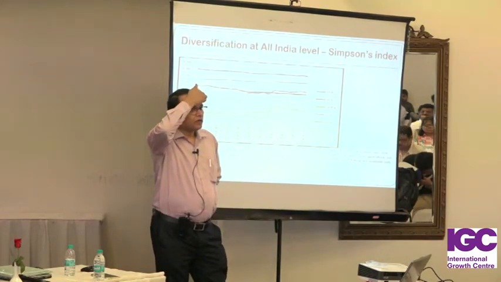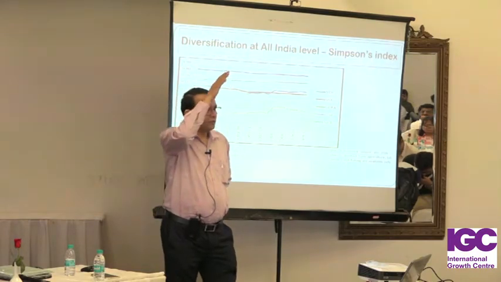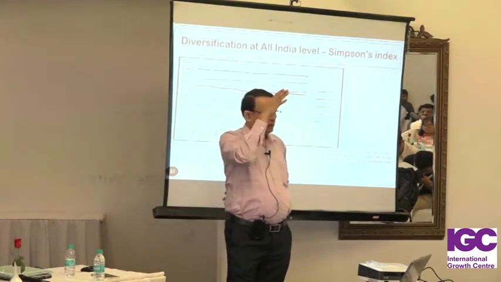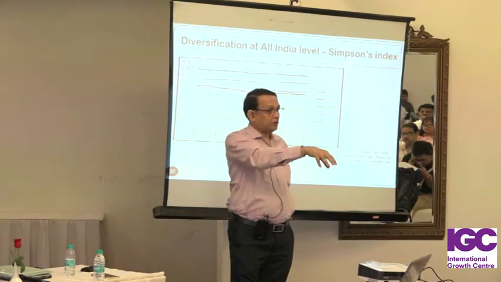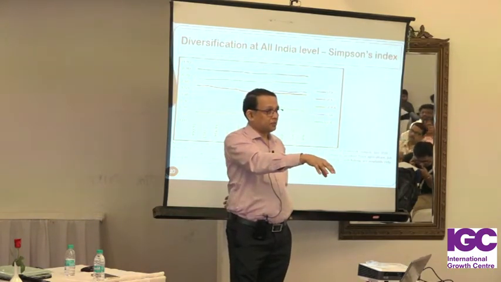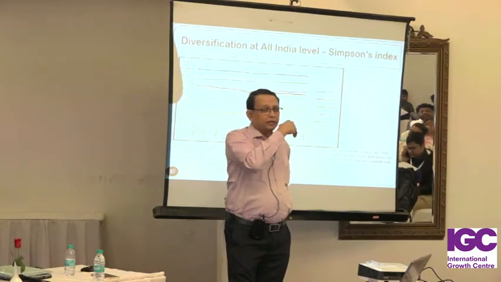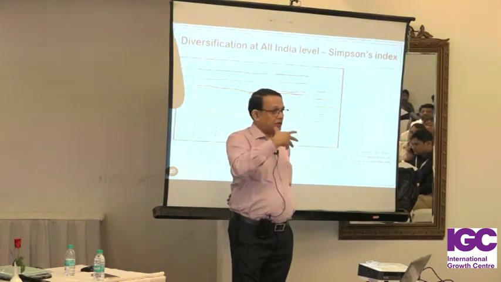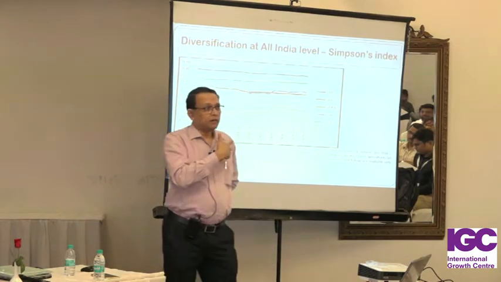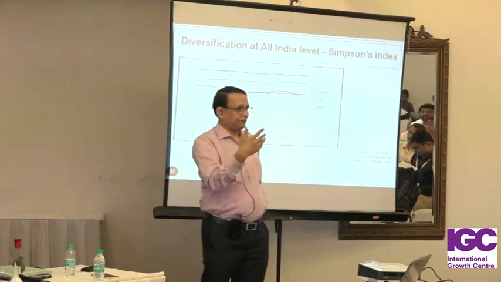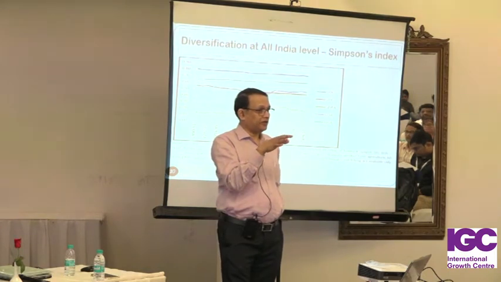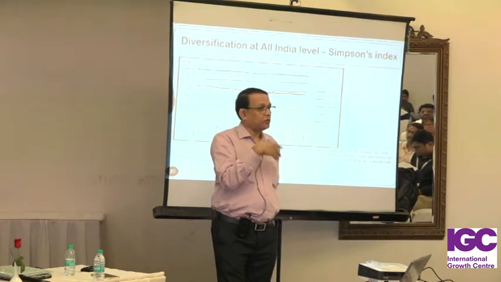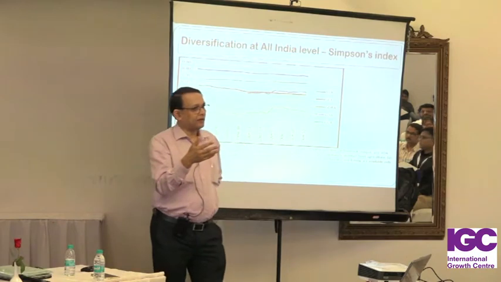Okay, so the specialization aspect is there. You do specialize in commodities that are suitable or best grown in that region. So in the drier parts of Karnataka or Andhra, you don't grow rice because there is no comparative advantage in rice in those regions. So you have to grow millets.